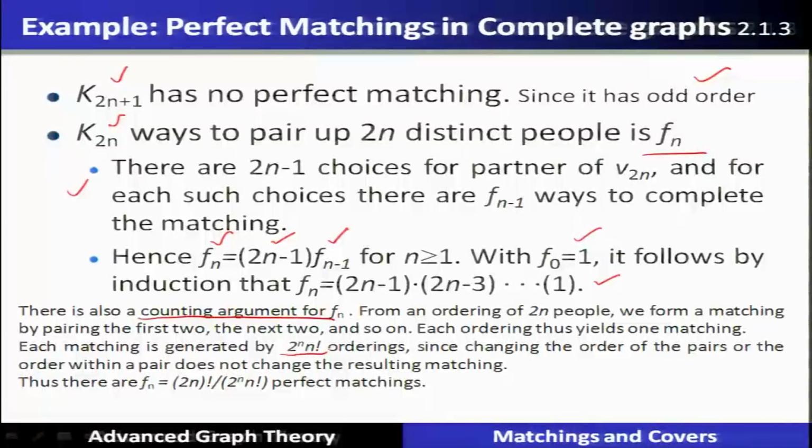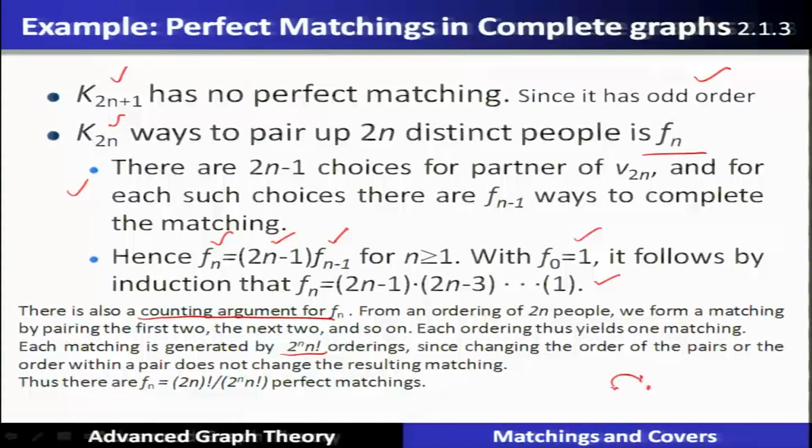Each matching is generated by 2 raised to the power n times n factorial different orderings, since you can change the order of the pairs, and also within each pair you can change the order of the two elements. Changing the order of the pairs or the order within a pair does not change the resulting matching.